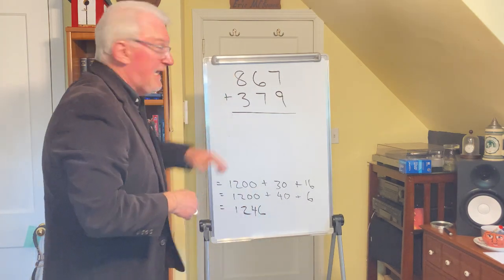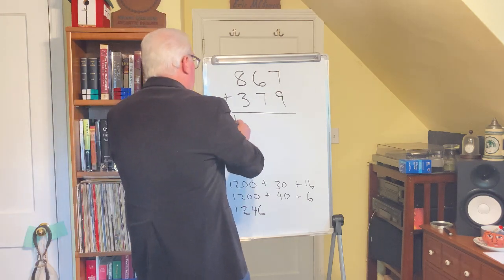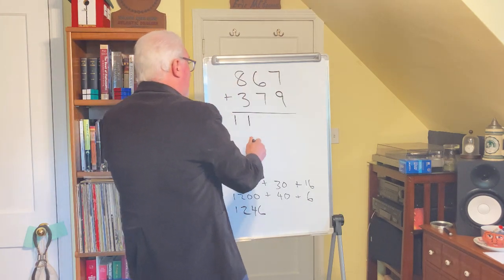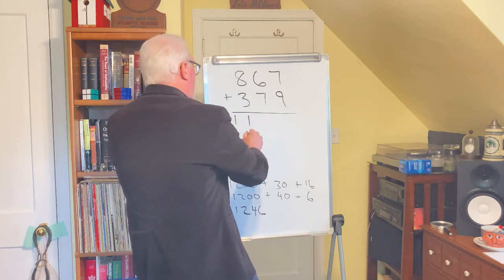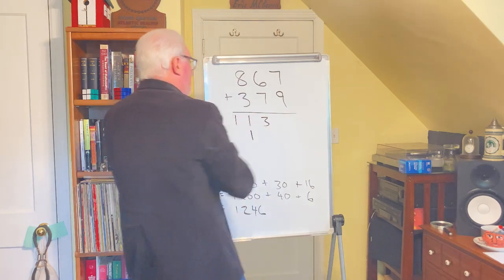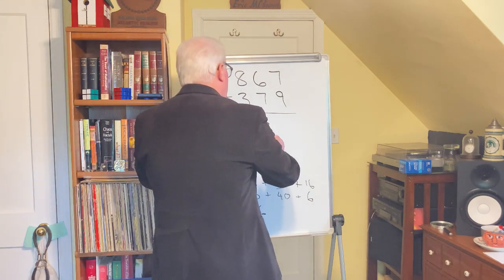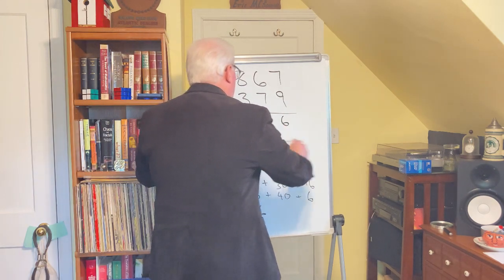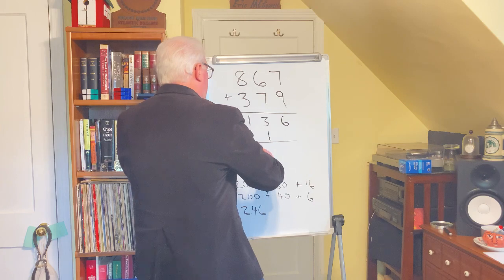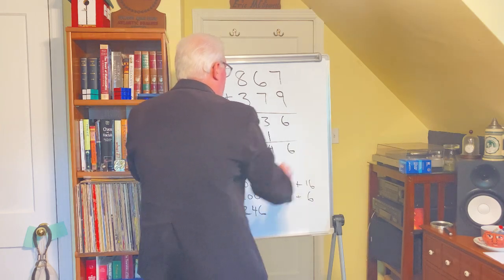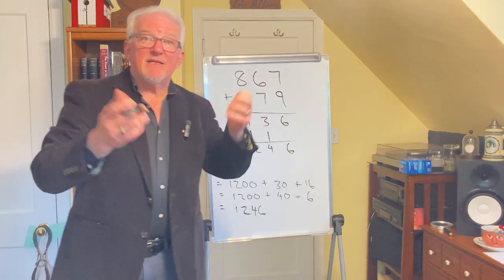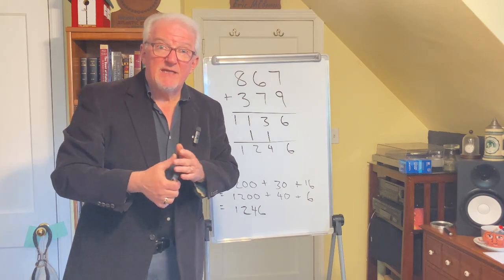Go ahead and add the 8 and the 3, giving us 11. Add the 6 and the 7, giving us 13, but let's write it this way, 13. And add the 7 and the 9 together, giving us 16, 1, 6. Total 1, 2, 4, 6. And that is left to right addition.